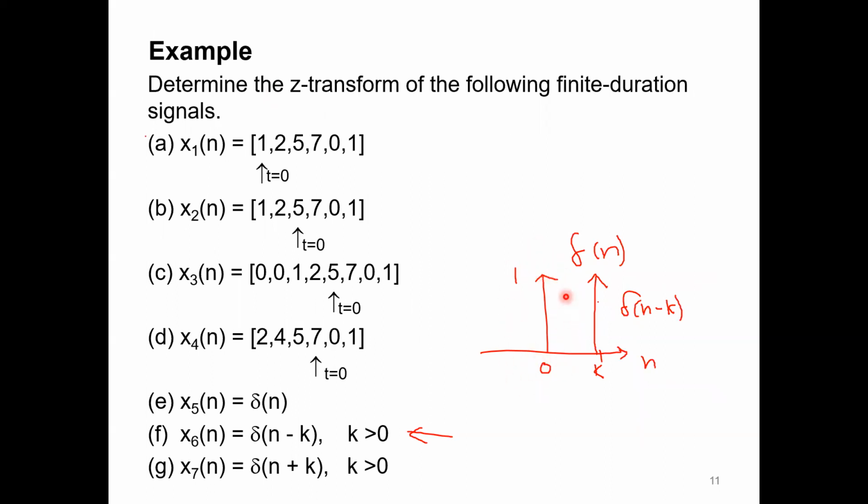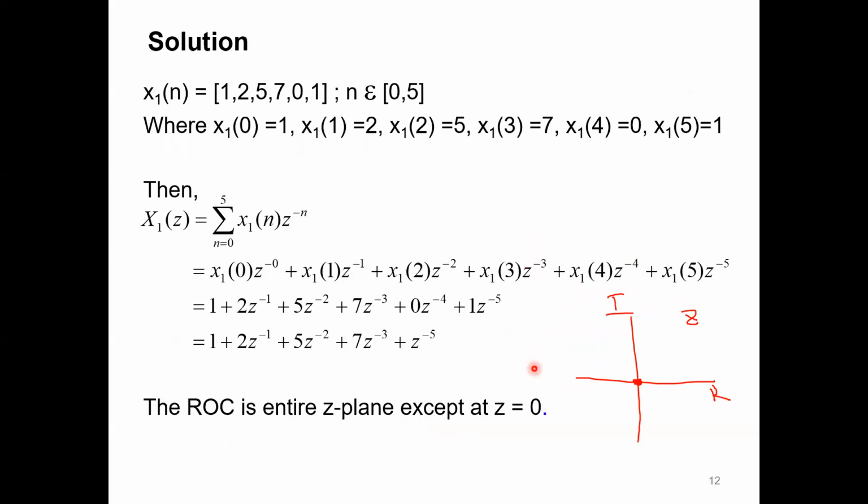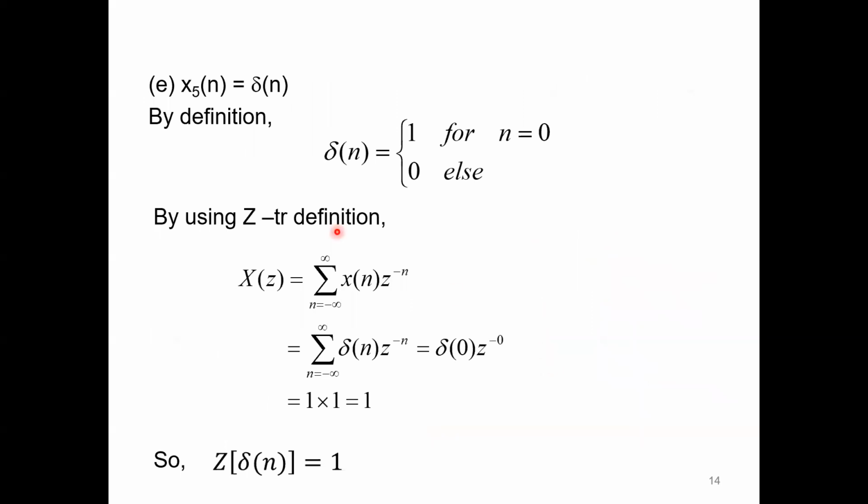We want to calculate the Z transform of the delta function. The definition you already know. I have drawn it and explained it to you. Mathematically speaking, the delta function is 1 for n equals 0 and 0 elsewhere. Negative, positive, it's 0 everywhere except for time 0, and at that position, the value is 1.